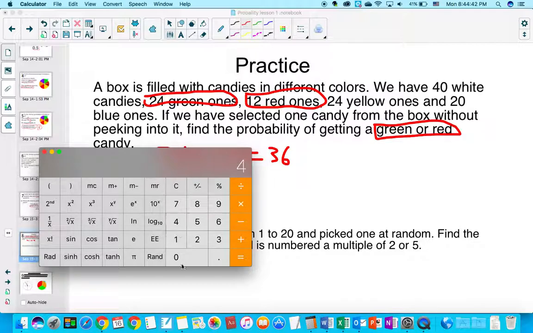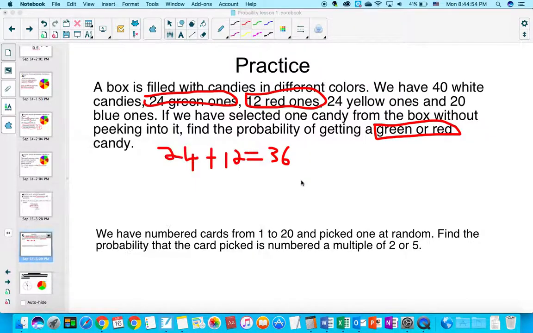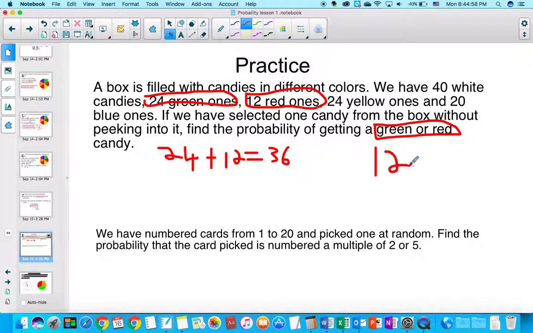So we have 40 plus 24, plus 12 plus 24 plus 20. We have 120 candies. All right, so we know that the total number of outcomes is 120. And again, we know that it's outcomes we want, right?